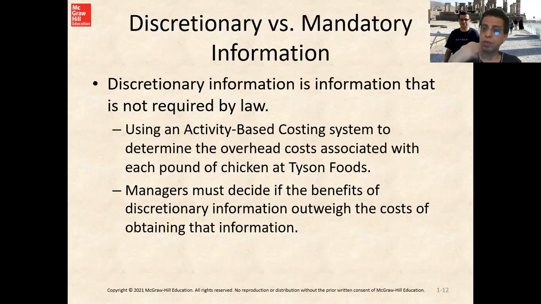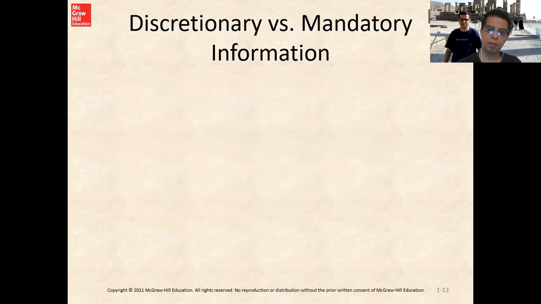This is internal information; it's not asked by the law. And a manager might decide if the benefit of this discretionary information outweighs the cost of obtaining it. So it's statistical data that is for your internal decision in a business.